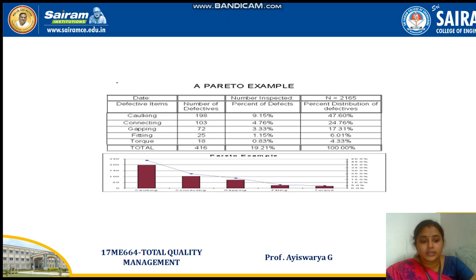So they are concentrating more on the number of defective parts. In the defective parts, how much percentage has more faults or more defects is indicated with respect to percentage. And that percentage is drawn in descending order.